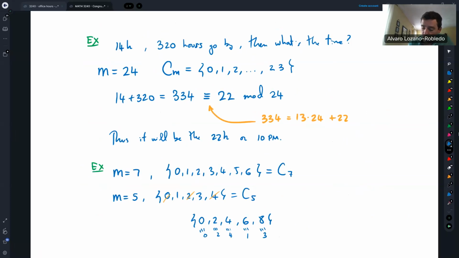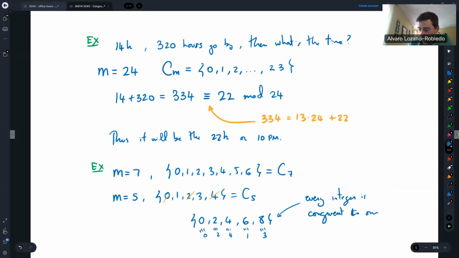So every integer is congruent modulo 5 to one of these. And such sets, we call them complete sets or complete residue systems.